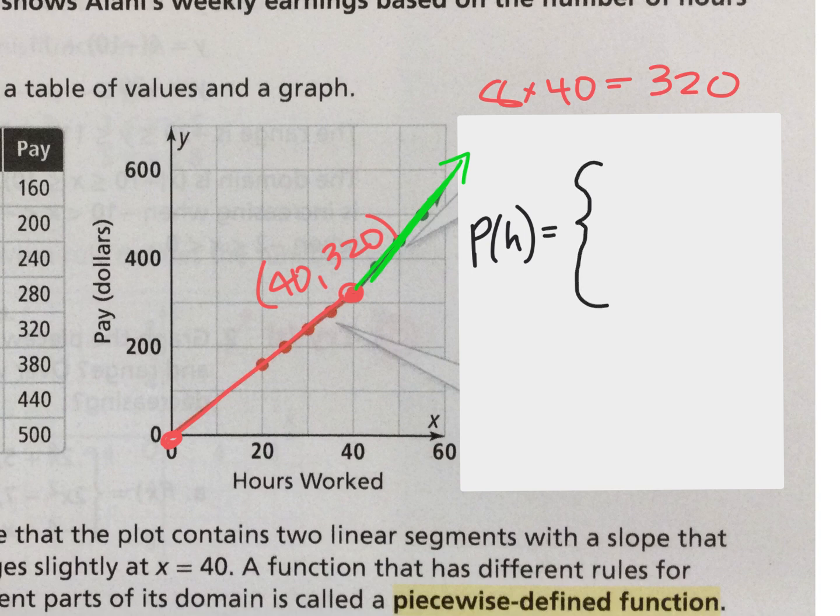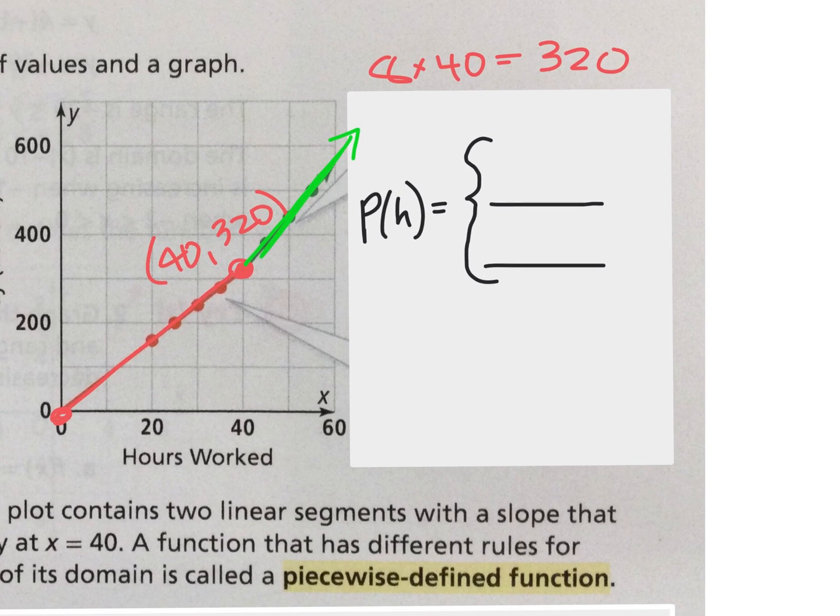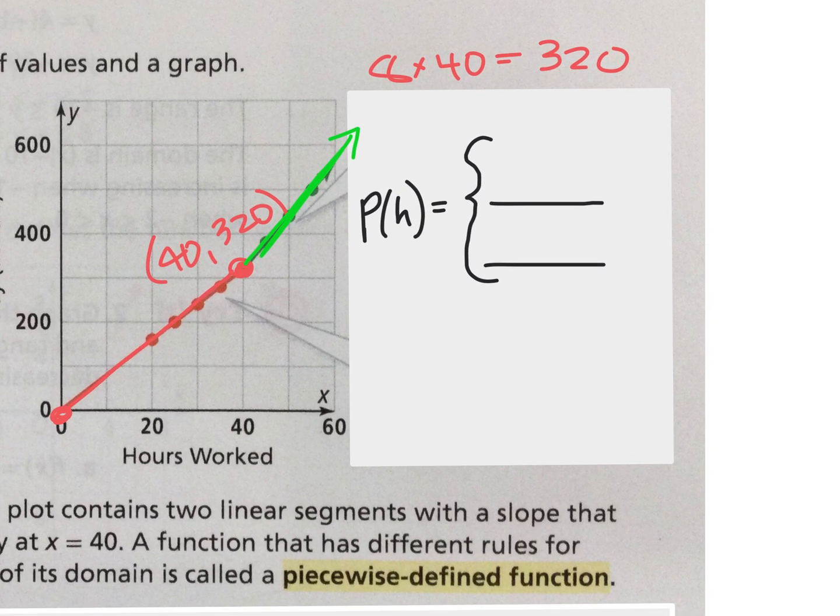There are 2 sections here, so I'm going to name 2 equations. And then I'm going to specify that these happen in certain zones or certain domains. All right, so piecewise is set up, there's the equation, and then there's the domain that it happens.